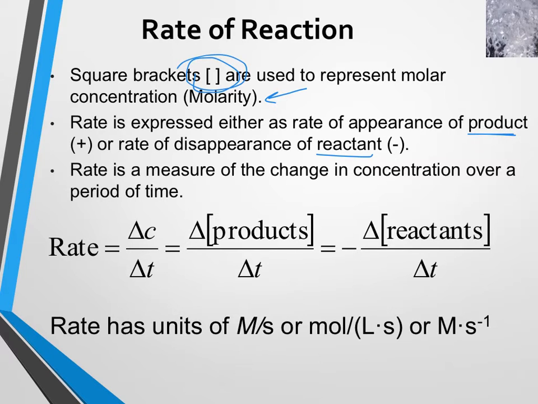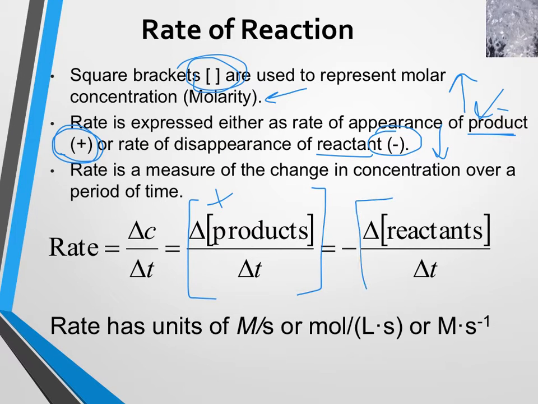If it's in terms of reactant, it'll have a minus sign because the reactant decreases over time. If it's in terms of the product, it'll have a positive sign because the product is increasing over time. It's building up. So this is showing it in mathematical terms. Products have a plus sign. Reactants have a minus sign.